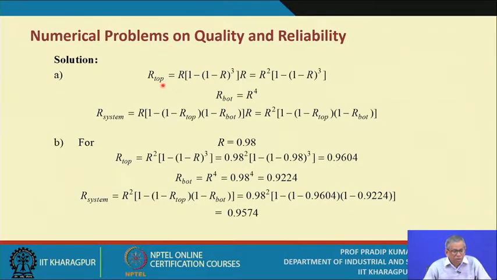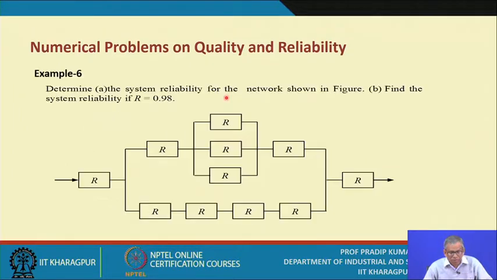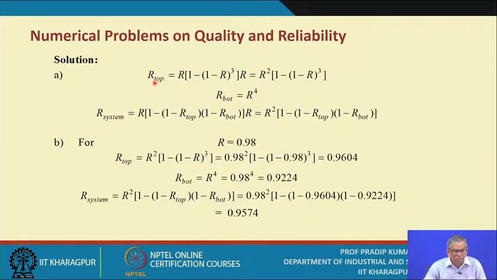So how do you get the solution? You look at there are two structures: you have the top one and you have the bottom one. This is the reliability of the system on the top, that is R into 1 minus (1 minus R) to the power 3. That means the three components are in parallel.